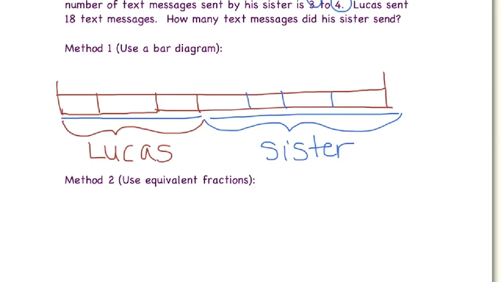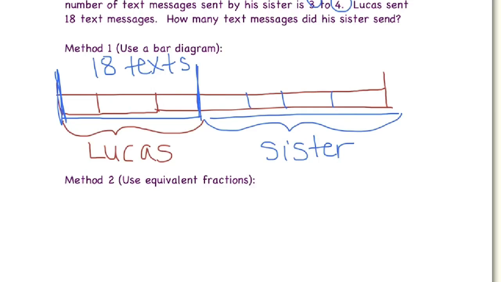Okay, now the other piece of information that we know is that Lucas sent 18 text messages. So again, we're just focusing on Lucas's area right here, these 3 sections, which is a total of 18 texts. So what we need to do now is figure out, if Lucas has 3 of these sections that represent the 18 texts, how many texts need to be included in each section of our bar diagram.